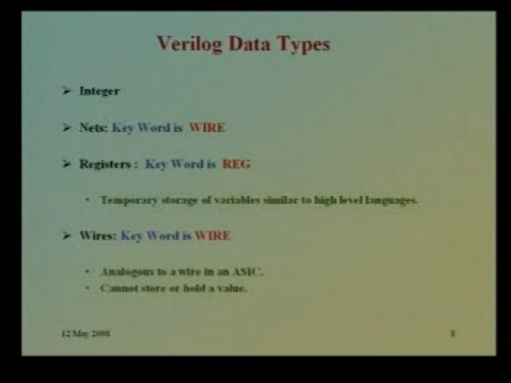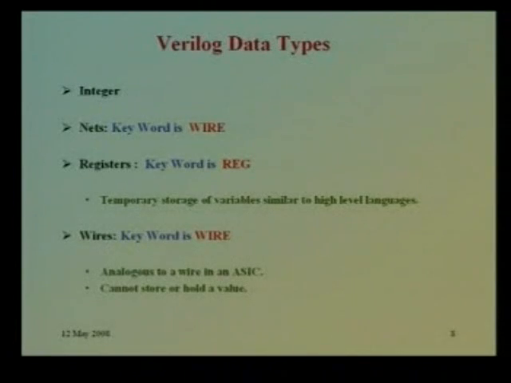Net and wire, I will tell you the difference later; wire is used as a keyword for nets. When you are connecting components, you require nets. And registers are like variables in C; here the register is for temporary storage.